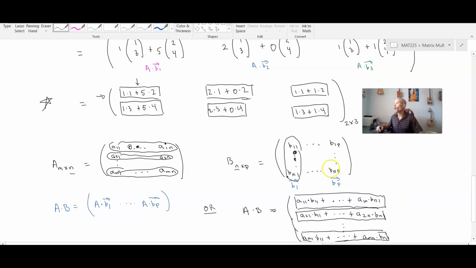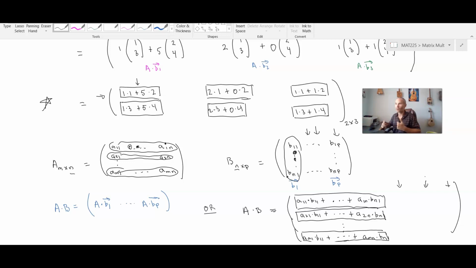Now we would need to do this for all of the columns. We would need to move on to this column and then this column and then this column, which would have the corresponding values inside of the matrix. So this is just another way to think about matrix multiplication as a bunch of element-wise products all added together. And you can see that this is what we would normally define as the dot product.